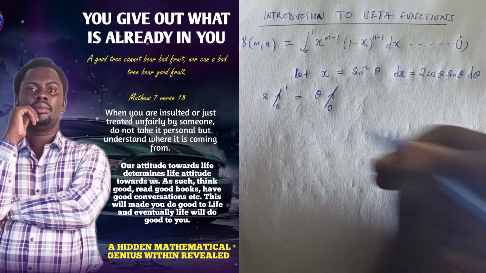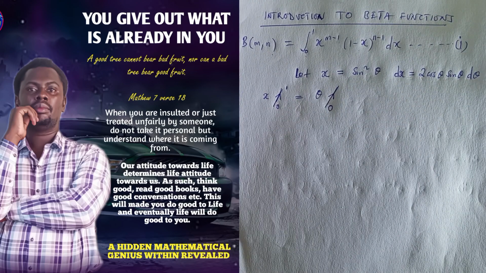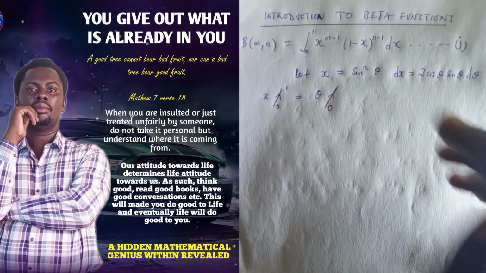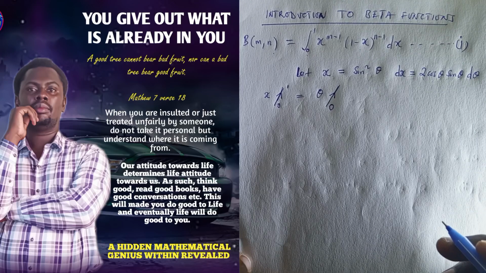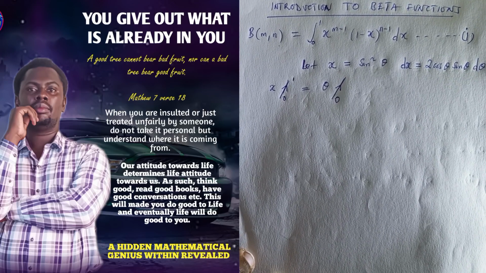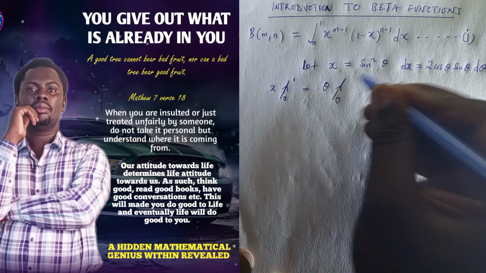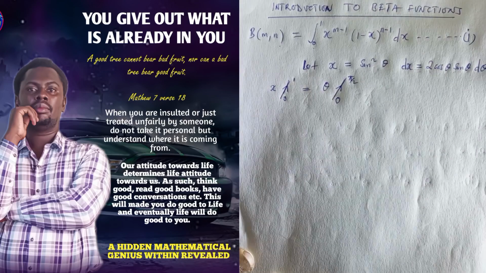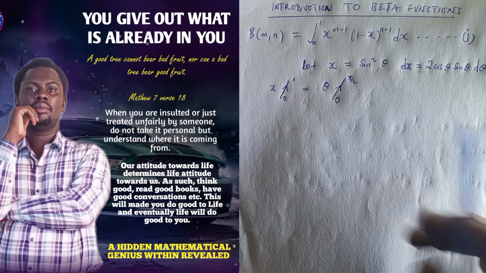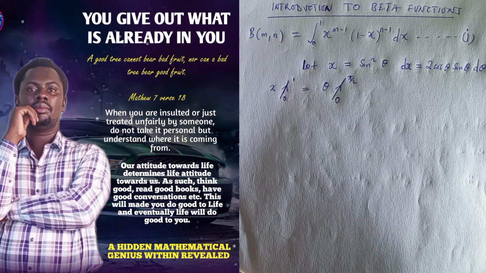So even theta will be 0. What if we put 1? So we are going to say sine inverse of 1 will give us 90 degrees, which is pi over 2. Okay, so the new limits now are from 0 to pi over 2.